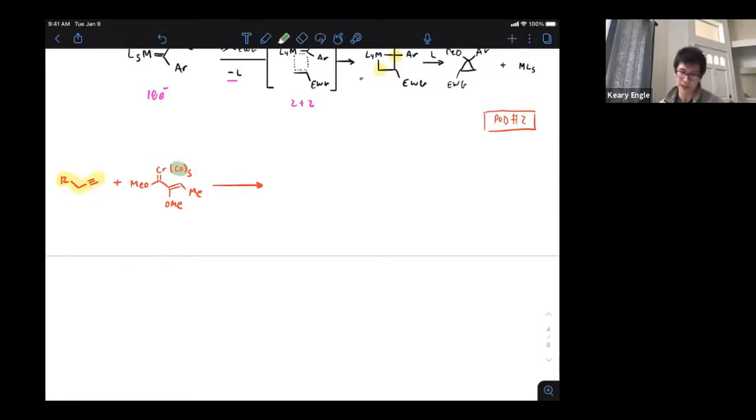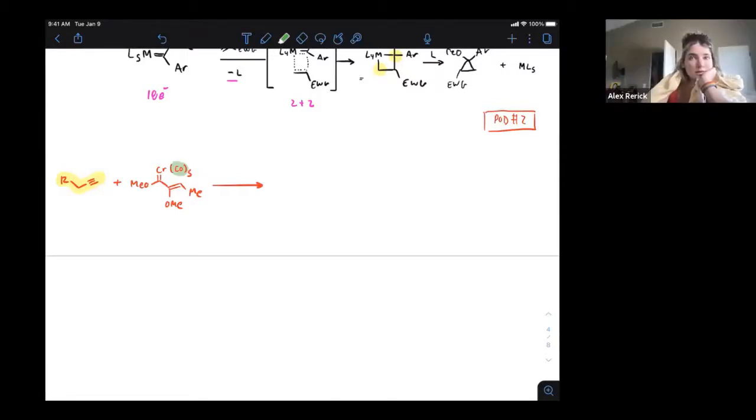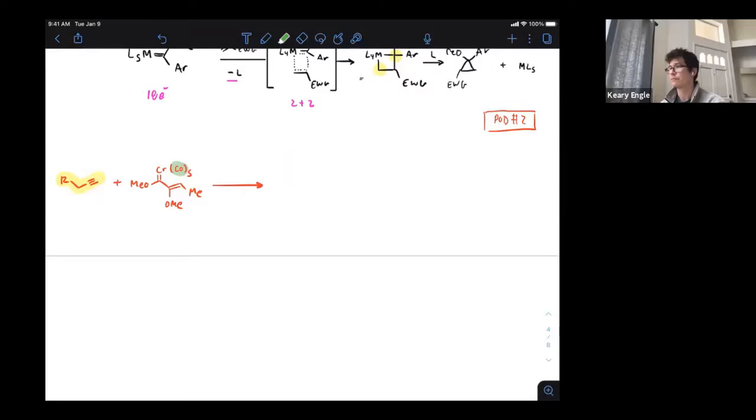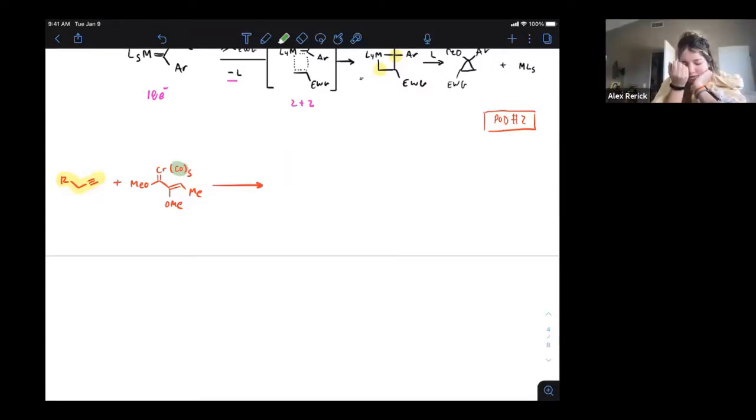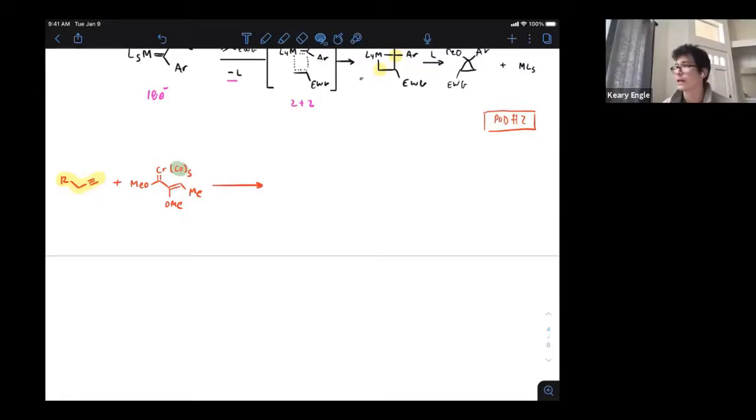Oh, 4+2 to get a metallocyclohexene, and then what would happen from there? We suggested reductive elimination with CO insertion, so you end up with a cyclohexadienone. Okay, I like that in terms of product.